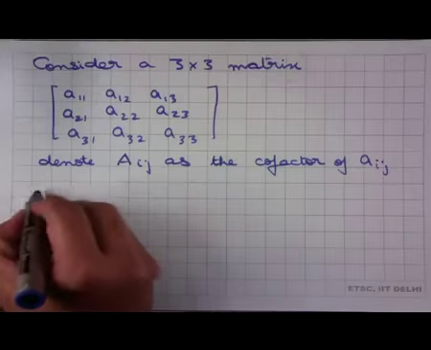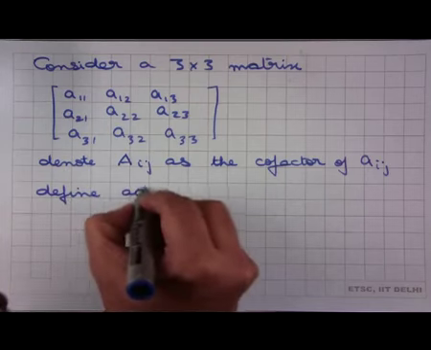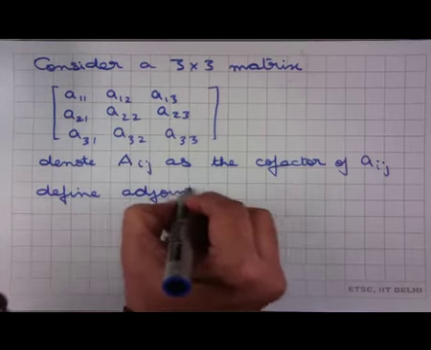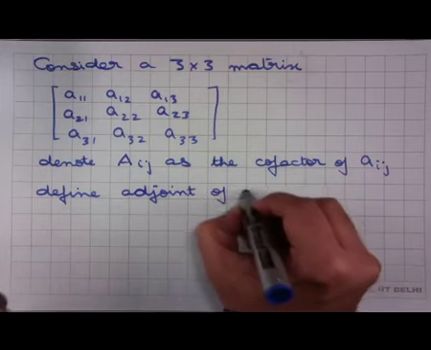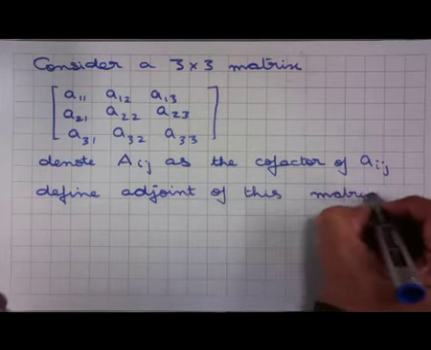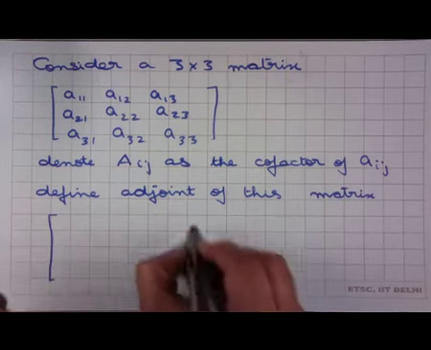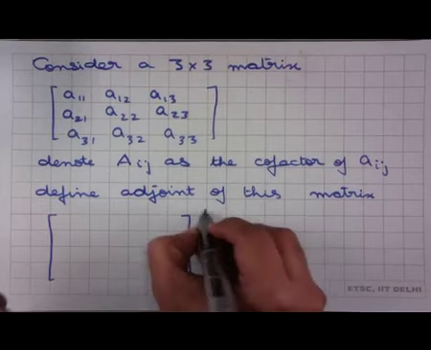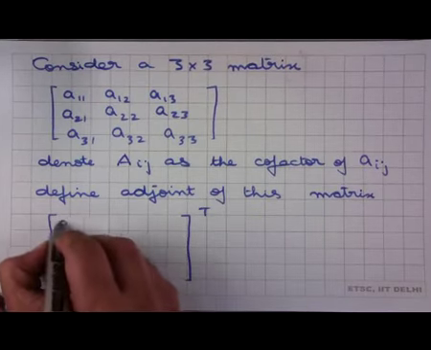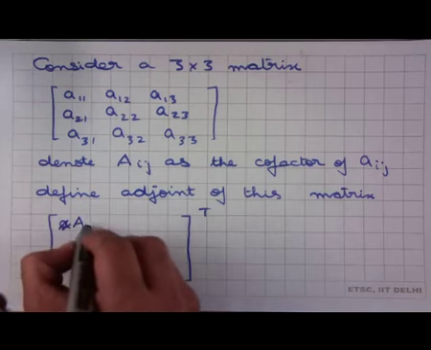So, we will define the adjoint of this matrix as the transpose of a matrix obtained by replacing each element A with their corresponding cofactors.